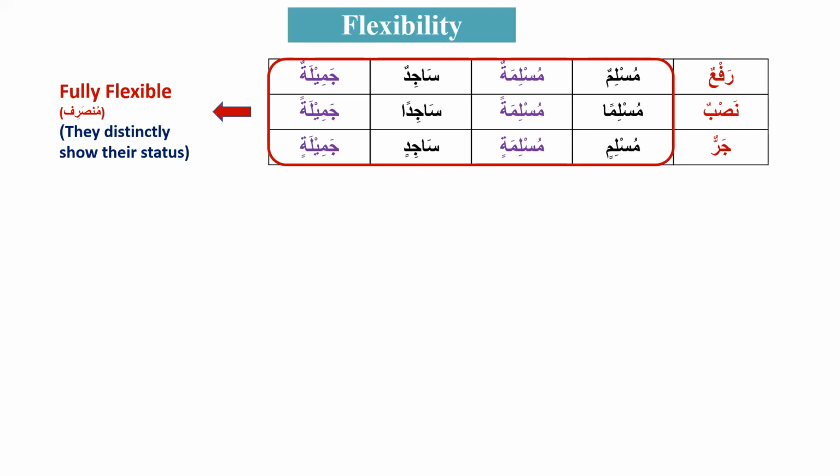And it is changing. When it goes from rafa to nasab and jar, there is some change. So we call them fully flexible, and they distinctly show their status. There is no confusion. The rafa, nasab, jar words are different from each other.